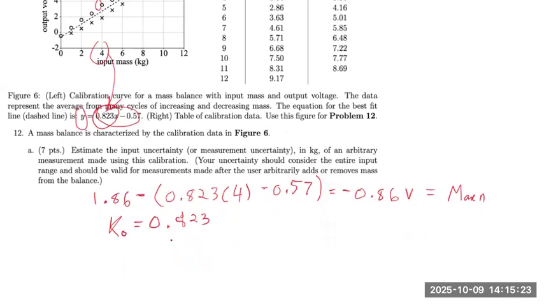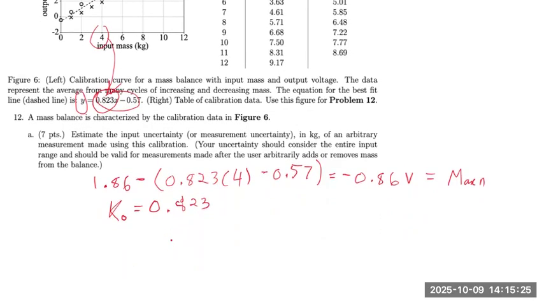And the uncertainty in kg is going to be represented by the maximum nonlinearity over the static sensitivity, which is max N over K_O, but actually the absolute value of that.